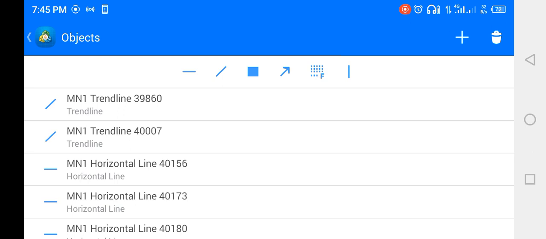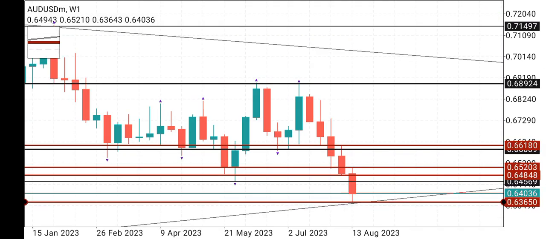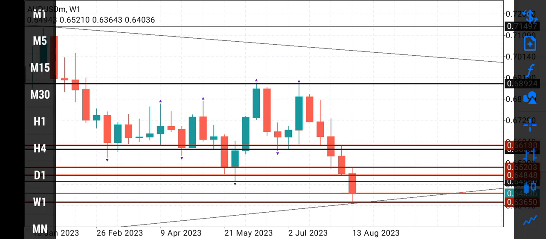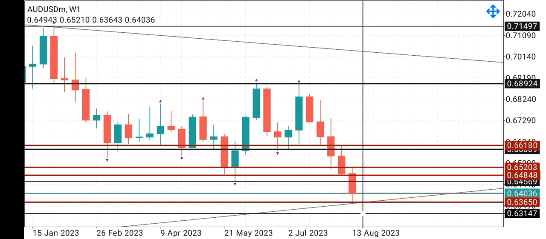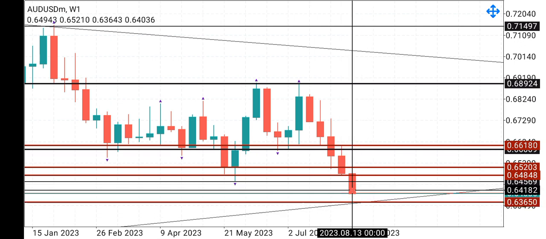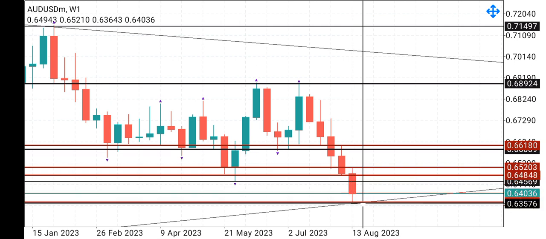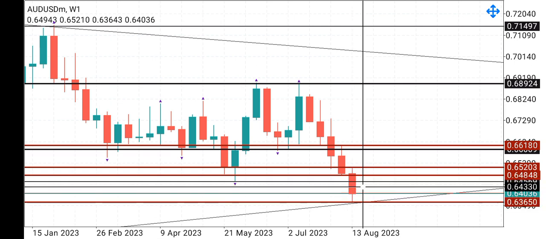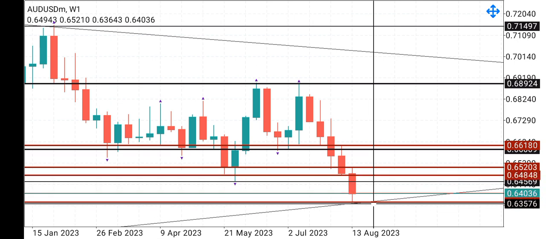So what will you be expecting from this weekly now? It's a new week that we are moving into. What I'll be expecting price to do is either it breaks this particular weekly, this one that just closed now, or if I see price break through it, I'll join the downward move, which is the bearish move.